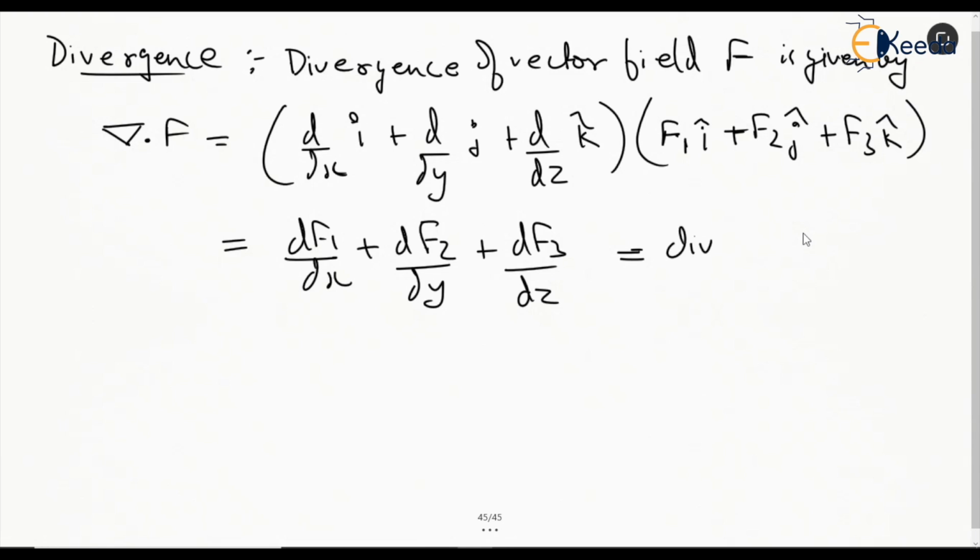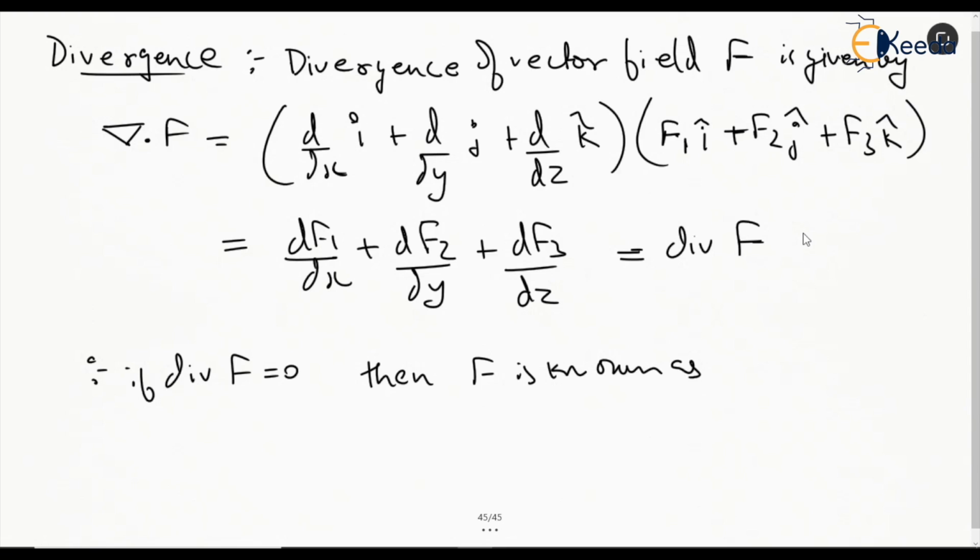So this is the divergence, which is also given as divergence of f. Like in the previous case, it was gradient of f. Now, in this case, when we have divergence f equal to 0, then f is known to be incompressible or solenoidal.